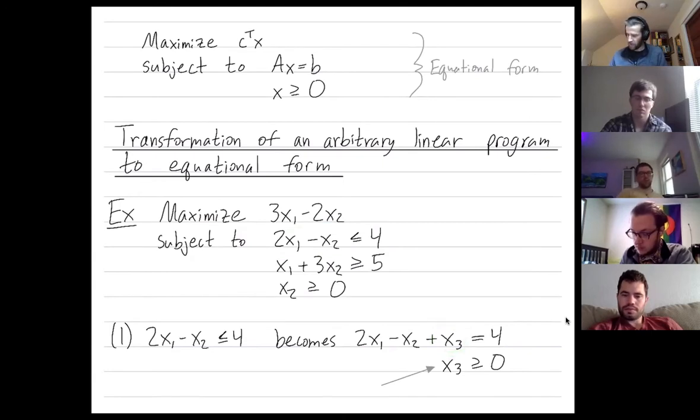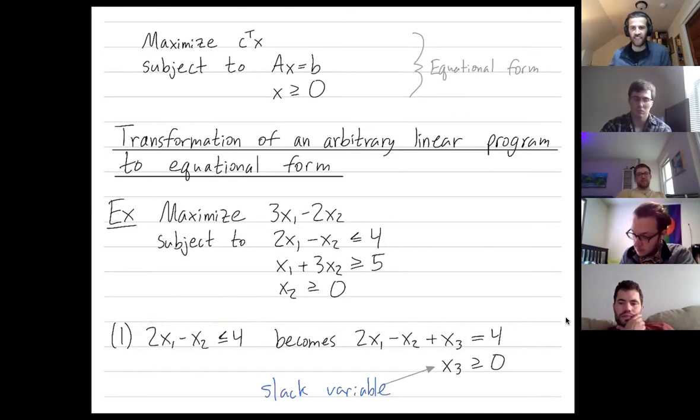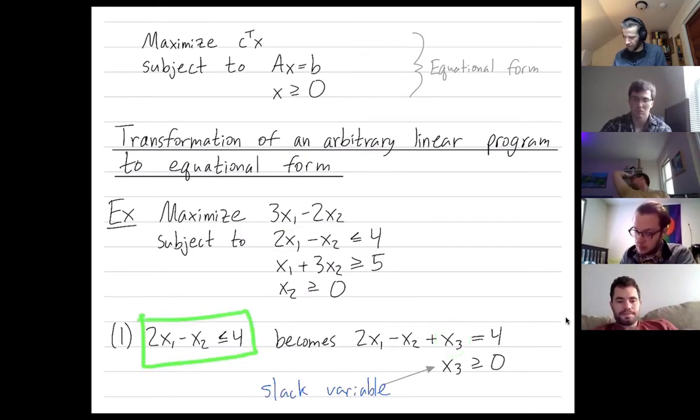We introduce what's called a slack variable, x3, which really encodes how far this inequality is from being achieved. So x3 is just the extra gap. x3 is just the difference between 4 and 2x1 minus x2. When I add in the slack, my former inequality becomes an equality.